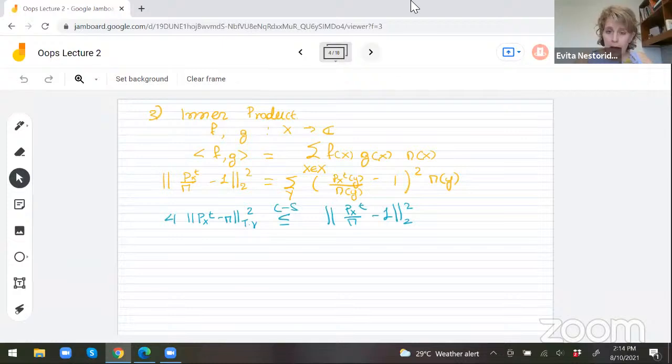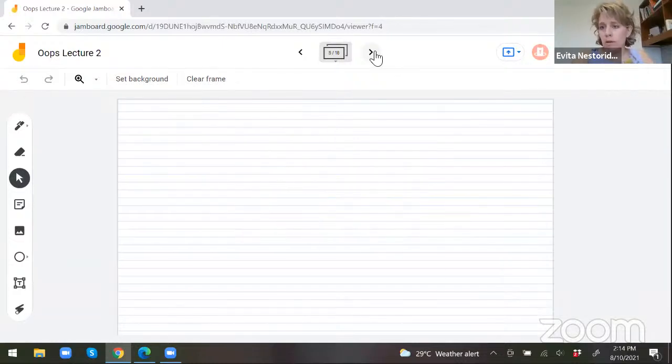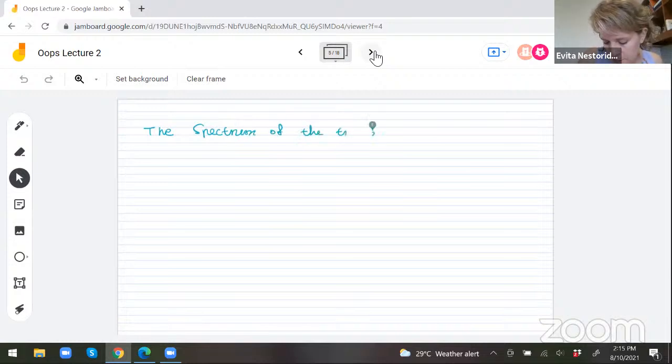Okay, now I can start talking about the eigenvalues, how they connect to mixing the Markov chain in general. What can they tell us? So let's write here the spectrum of the transition matrix. Let's move this up.